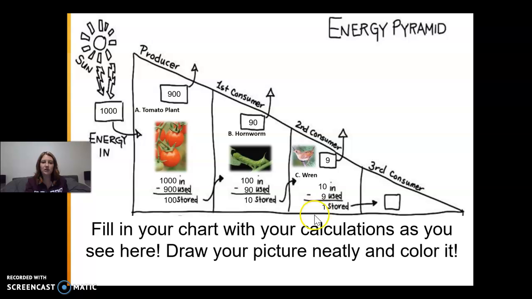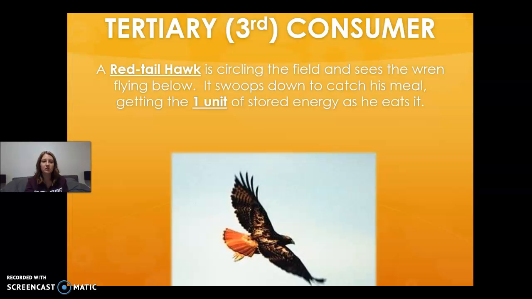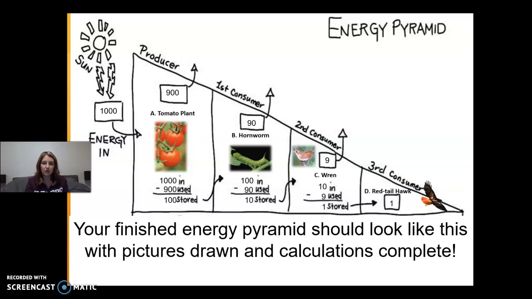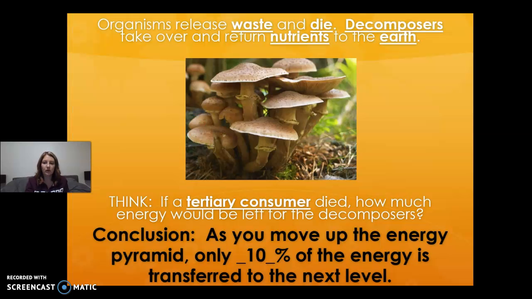Again, if you take off a 0 from 10, you're left with 1. Now our tertiary consumer is a red-tailed hawk. It's only given 1 unit of energy, and it needs 90% of that for itself. So it's going to take that for itself, and it's only going to give off 0.1. It's right here for you. It's only going to give off 0.1 units of energy, which is very, very small.